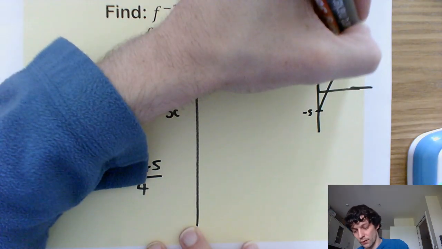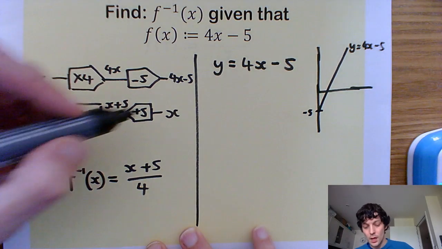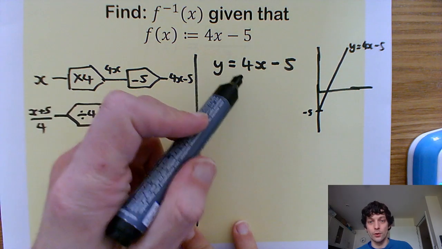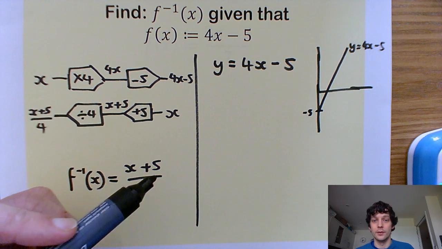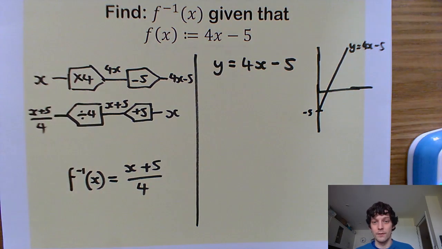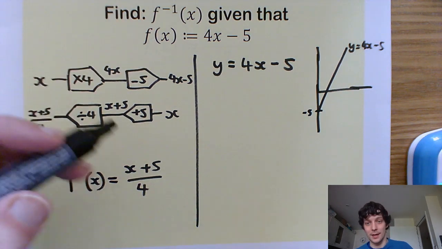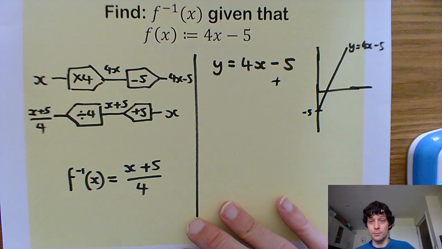So that is my graph, y equals 4x minus 5. And what we essentially want to do for the inverse function is go back the other way. So rather than taking our x's and going to y's, we want to see, how do I get from my y to my x? So I want to make x the subject.